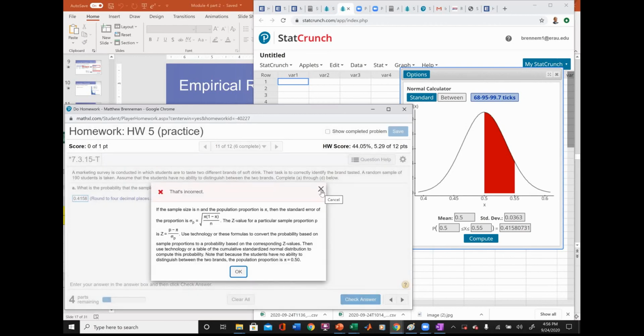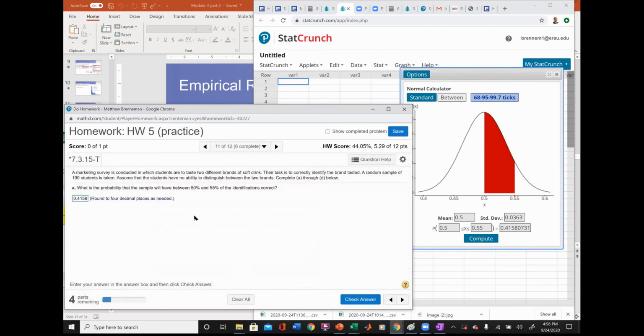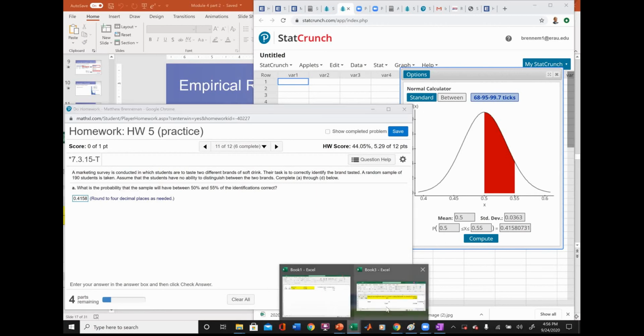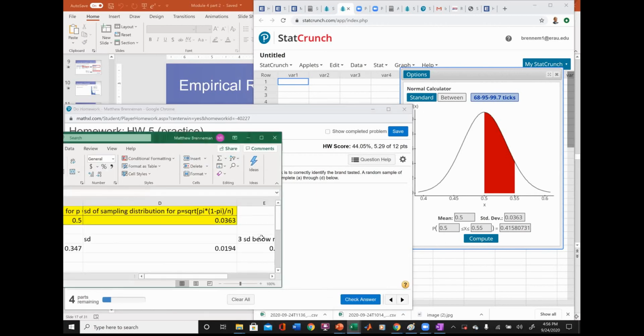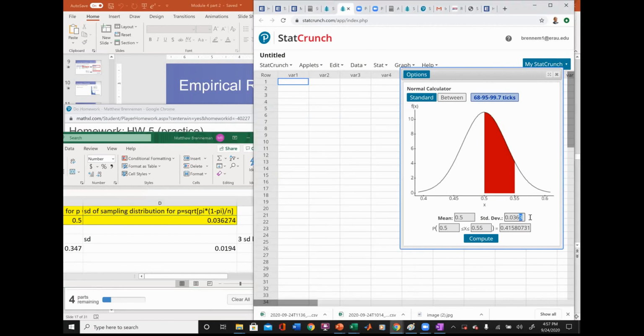Oops. Yeah, I know what the answer is. Let me make sure. Maybe I didn't enter enough decimal places. Let me check my calculation really quick. 0.0663. Maybe I needed more decimal points. That's maybe why it threw me off. Let me try a few more decimal places.